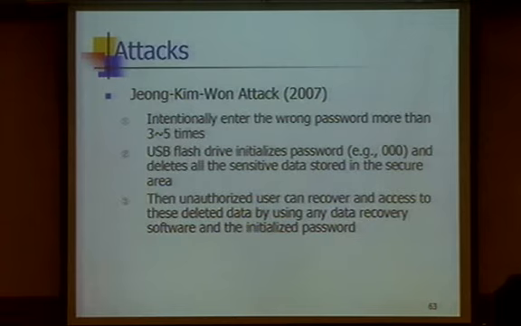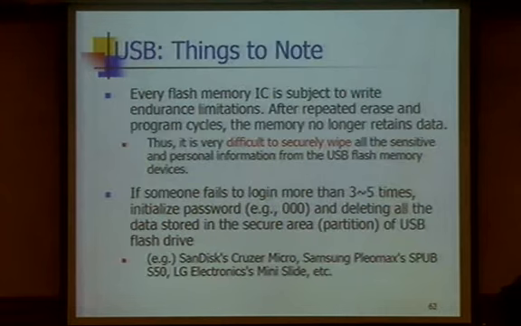By exploiting these two things, we can make some attack scenarios. When the attacker steals someone else's USB memory, he can intentionally enter the wrong password more than 3 to 5 times. Then the USB flash drive will initialize the password and delete all the sensitive data stored in the secure areas. But we should note that this data cannot be wiped securely because of the characteristics of USB flash memories.